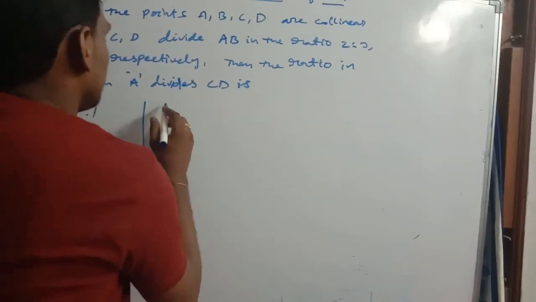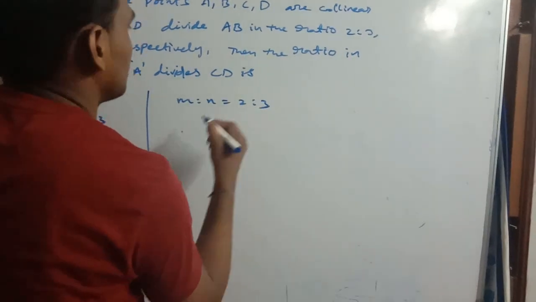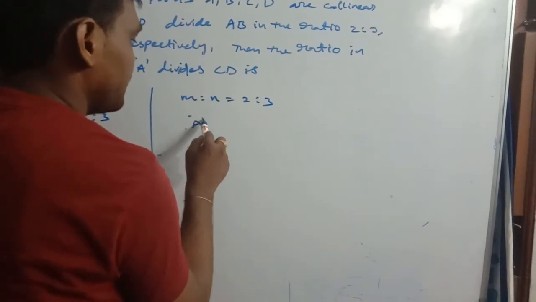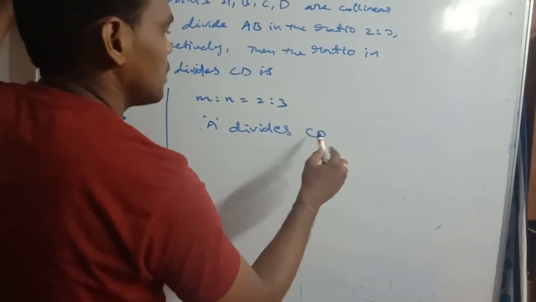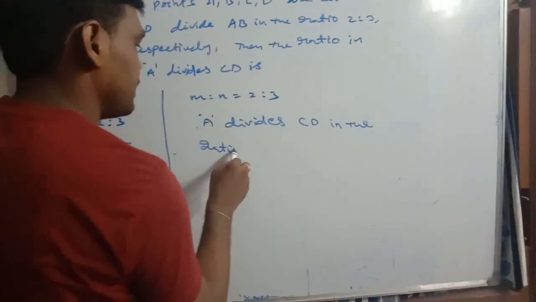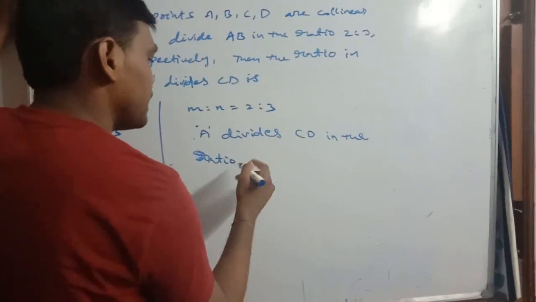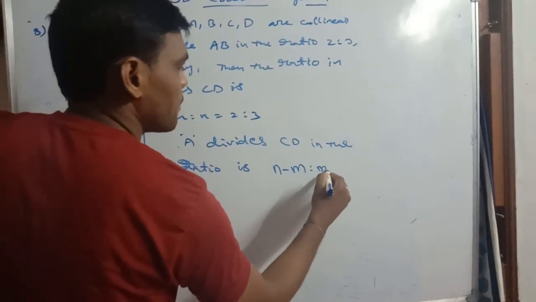Now here, first of all, the ratio m:n is equal to 2:3. Now here A divides CD in the ratio n - m : m + n.